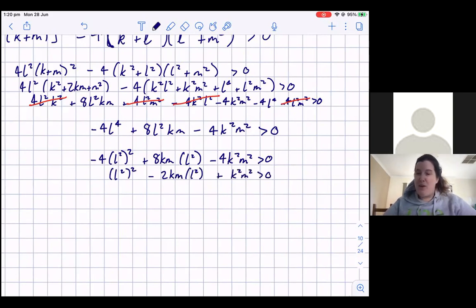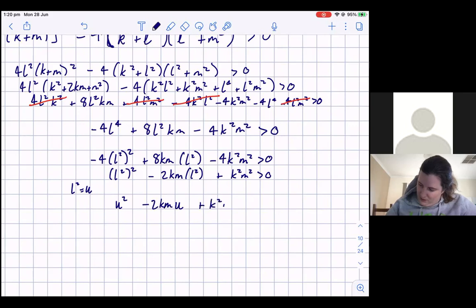So we're trying to find out when this one is bigger than 0. It's easiest to find out when it is 0 and then check values in between. This is another quadratic itself. If I've got L squared equals U, then this is U squared, take 2km times U plus k squared m squared.